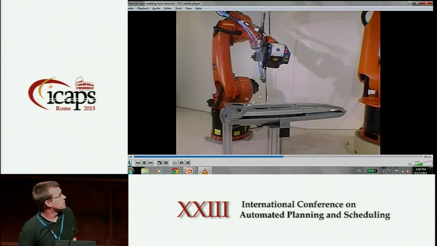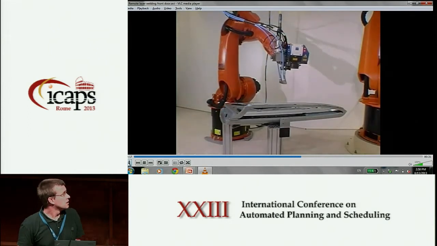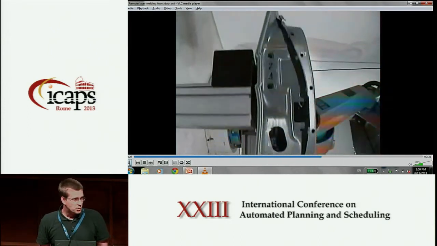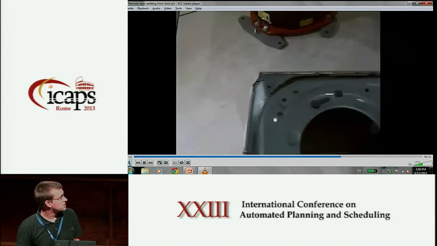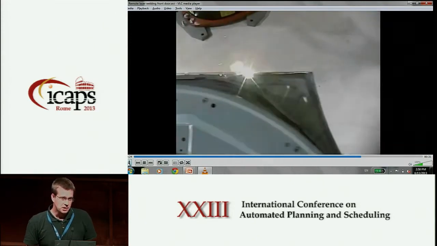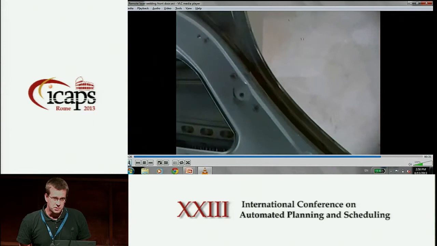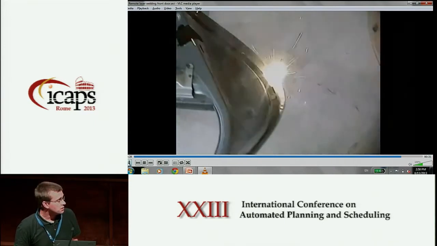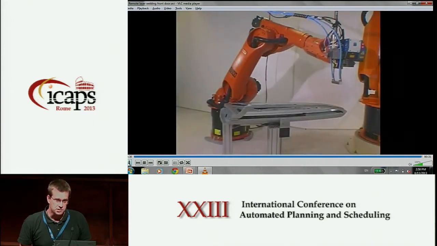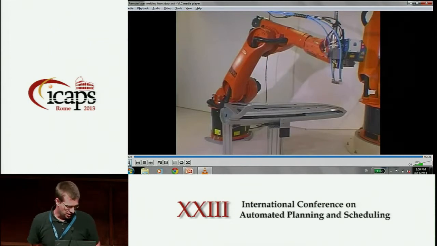This is about 1 meter. And the automotive industry likes this technology mostly because it does not require a contact between the robot and the workpiece. So it just eliminates the usual accessibility issues that other welding technologies like resistance spot welding have.